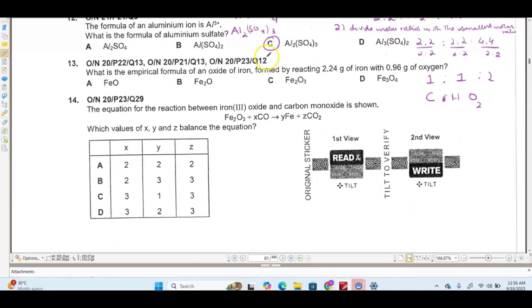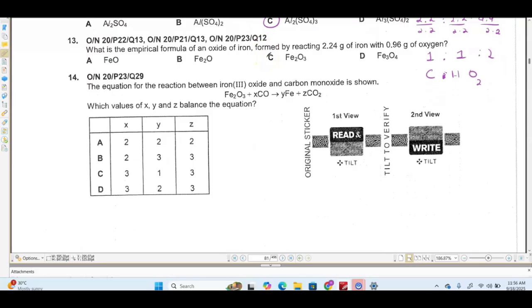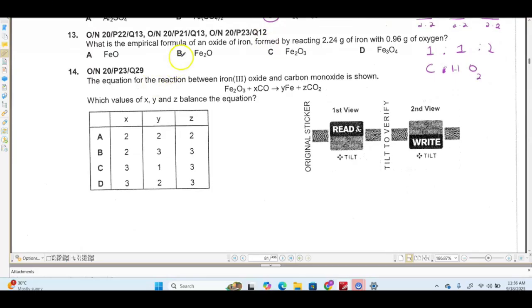Okay? Question number 13. What is the empirical formula of an oxide of iron formed by reacting 22.4 grams of iron with 0.96 grams of oxygen? Okay. So now we have the masses. We first need to convert these into moles. Okay, let me clear the space.